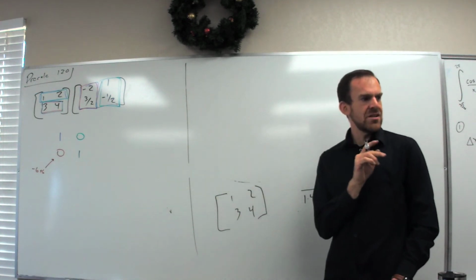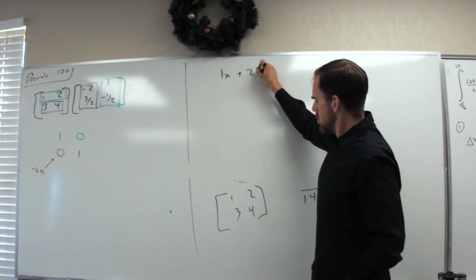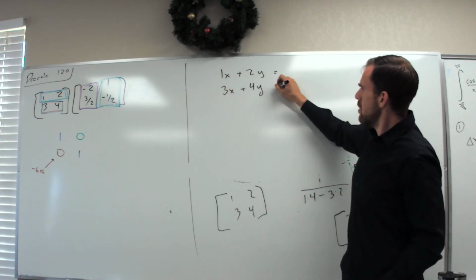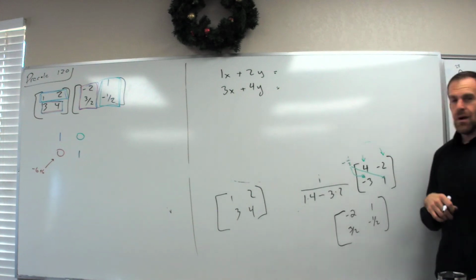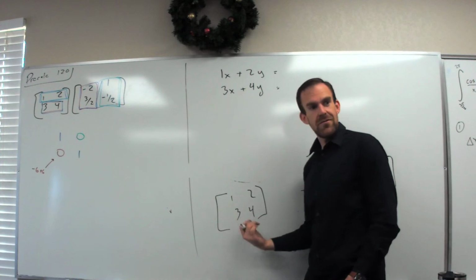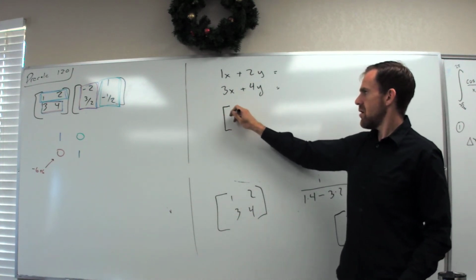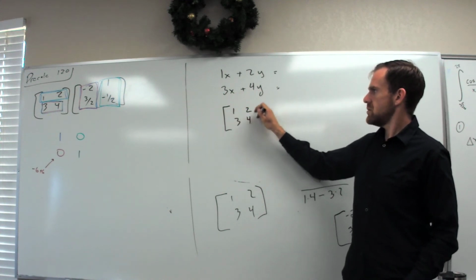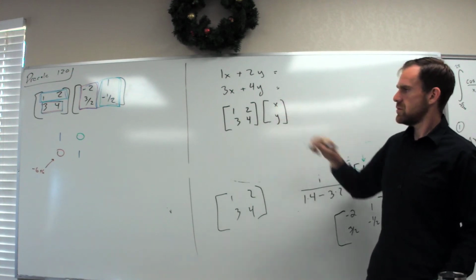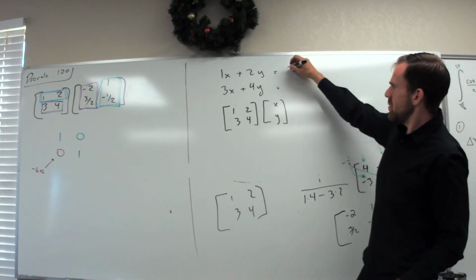So, watch this. This represents that set of systems of equations. 1, 2, 3, 4 can be written like this. Let's put some random numbers here.